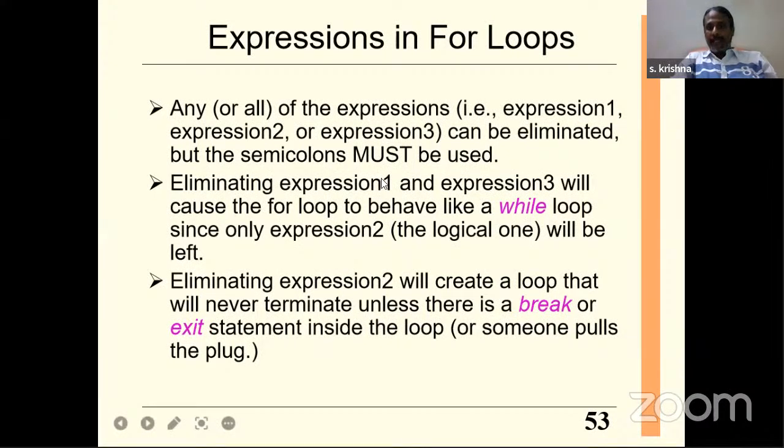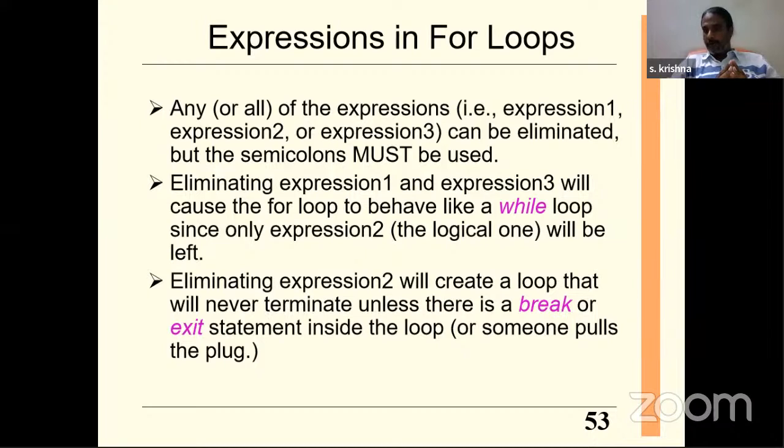Now, if you eliminate expression 1 and expression 3, the for loop is going to work very similar to a while loop. In a while loop, we only check the condition whether to run the code or not. In a for loop, the second expression is checking the logical condition, and if that is true, it will work.